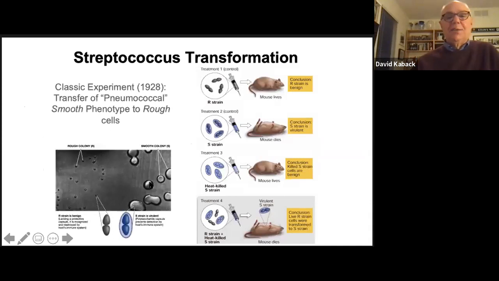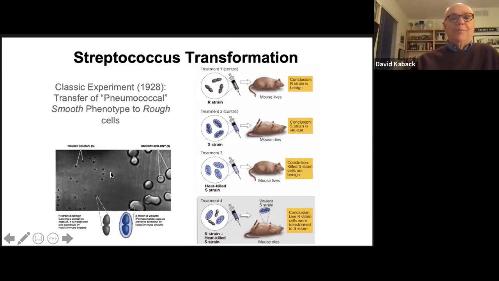And it's the process of transformation that was initially found in pneumococcus that enabled us to show that DNA was the genetic material. Okay, and I'm just going to run through these slides very quickly because it's time to go. So you can look at it.